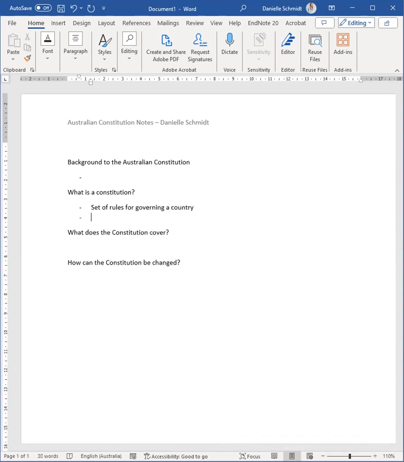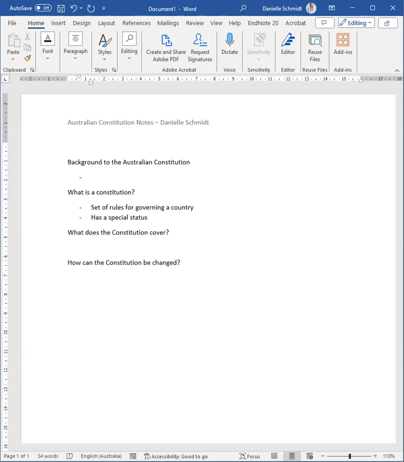Such rules may be based on tradition or may be written down in the form of a law or a number of laws. Now, in some countries, laws forming the constitution are ordinary laws, which may be changed just like any other law. But in most countries, the laws forming the constitution have a special status, and that's the same in Australia. So the Constitution of Australia has a special status.